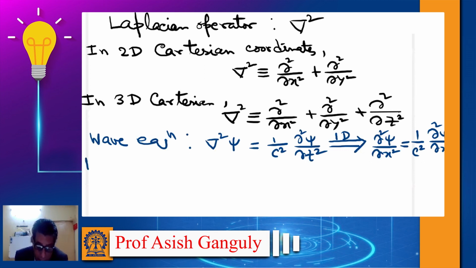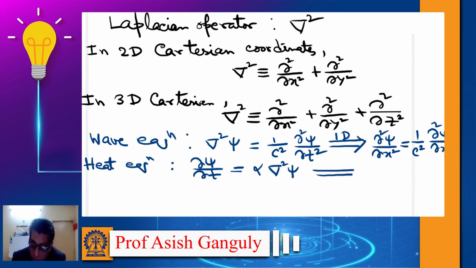Similarly, the heat equation can be written like del psi by del t equal to alpha del square psi.